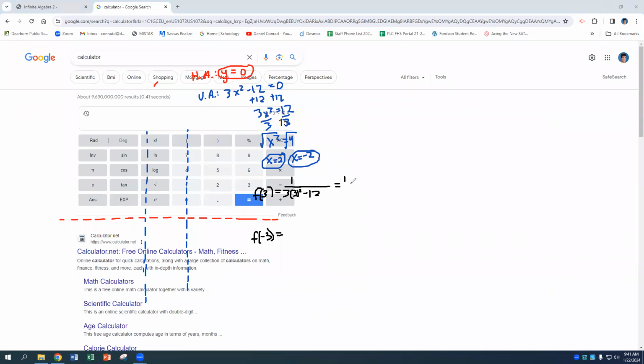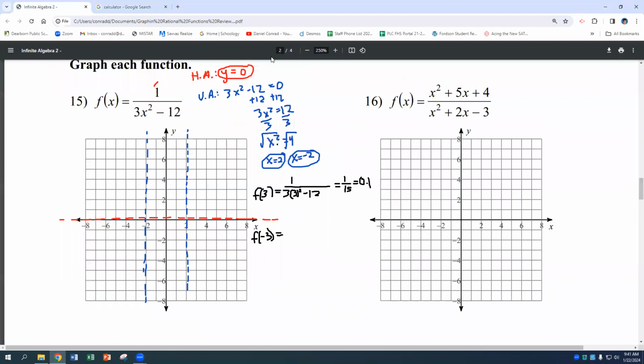Okay, so it's 1 over 15, which equals approximately 0.1. So when I go back to my graph, 3, 0.1 is right here, which means that this part is going to be on the upper right, just like this.